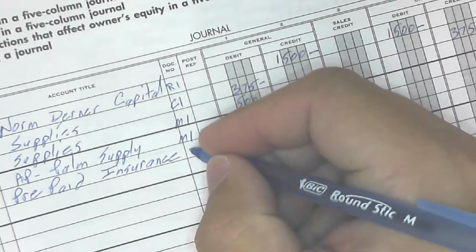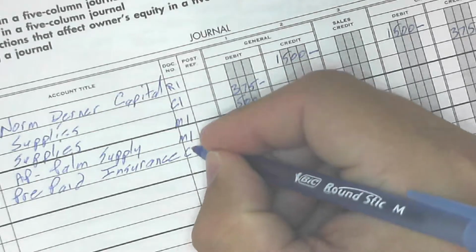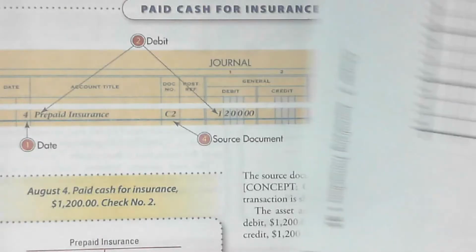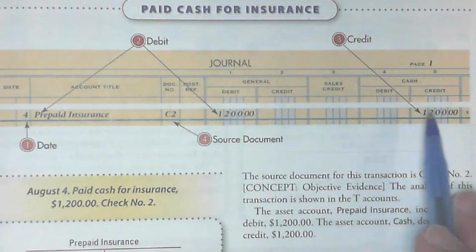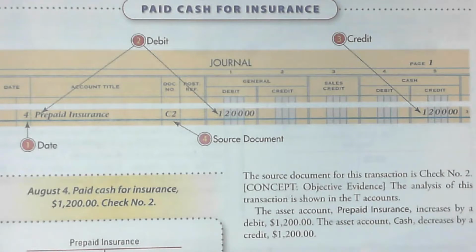So our document number is C2, and it's $300. You can see we're going to have a debit under general and a credit under cash.